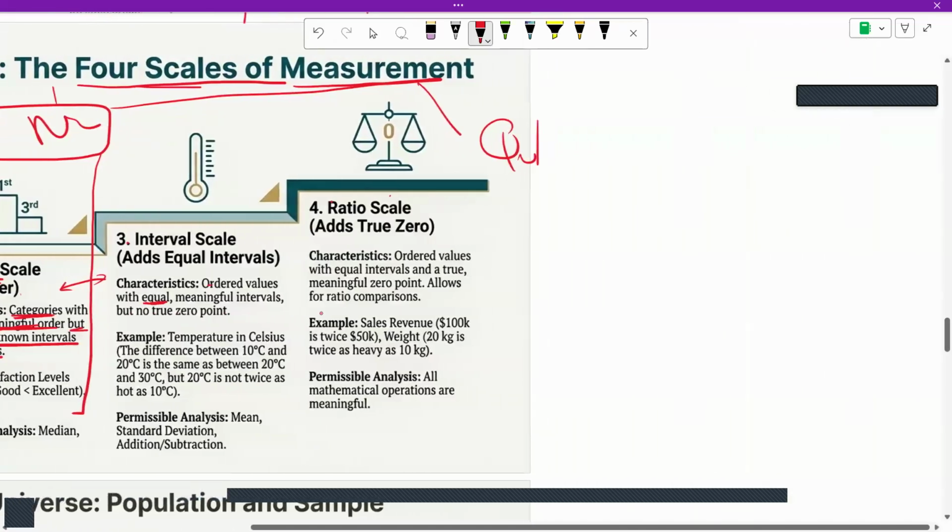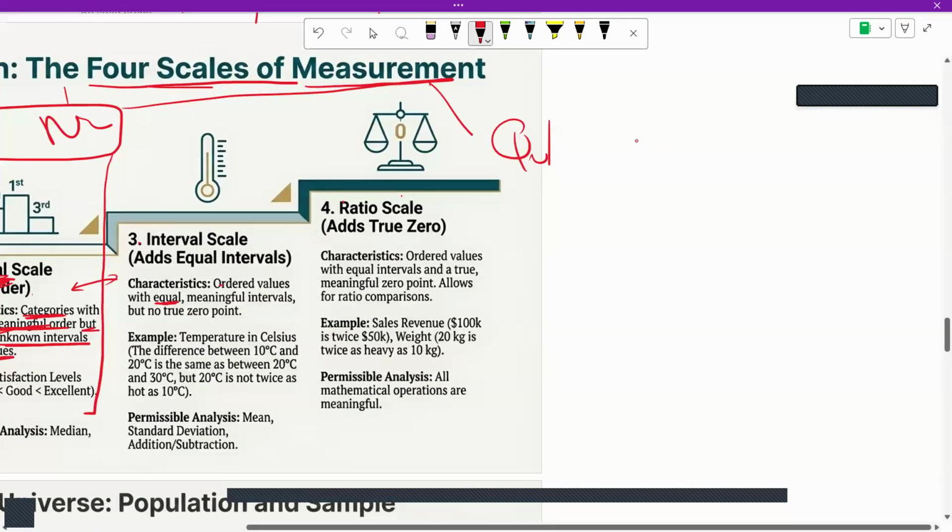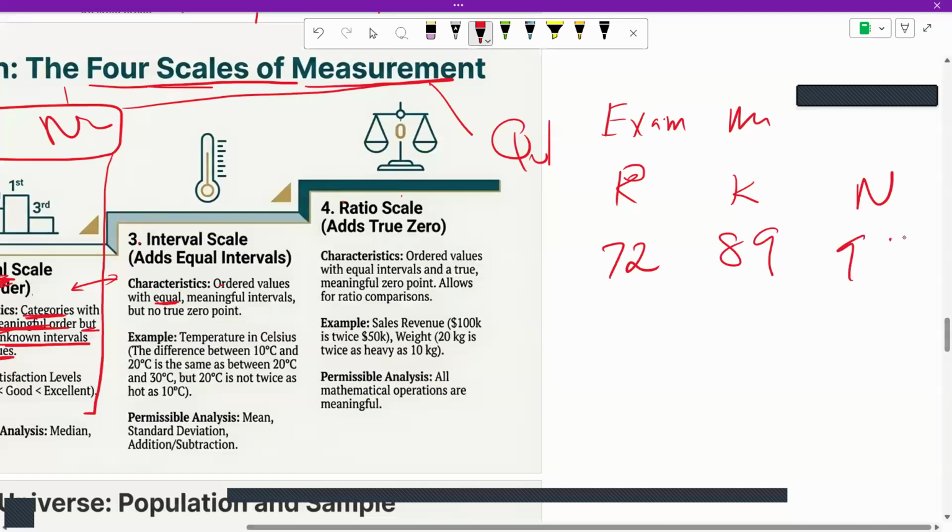For example, the student exam marks. Ravi, Kumar, Nimal. Ravi obtained 72, Kumar 89, and Nimal 99. Who is rank number one?